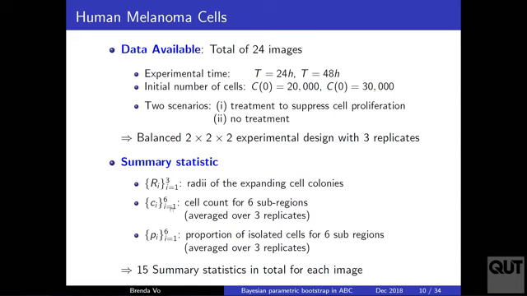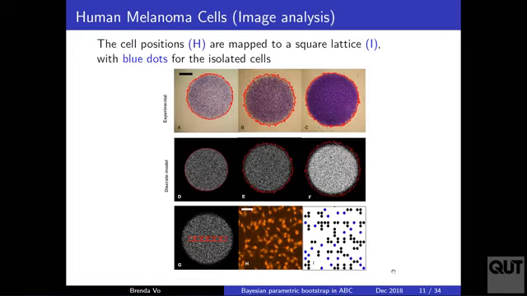We have 3 radii of the expanding cell colonies, cell counts for 6 subregions, and the proportion of isolated cells. The image is here. The top is the population scale image, and this one is the individual scale image, where we can see each of the cells and count them.